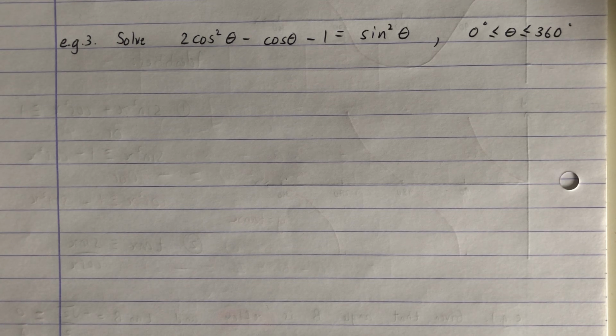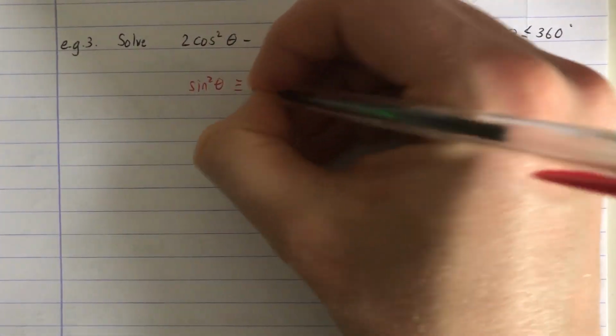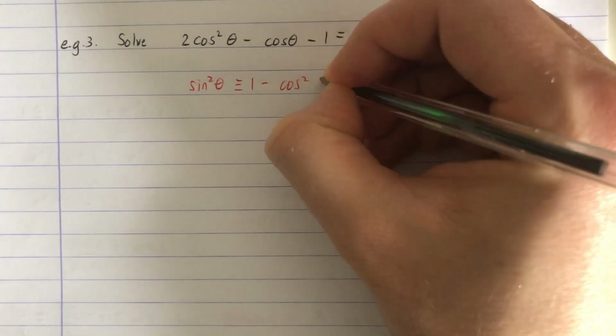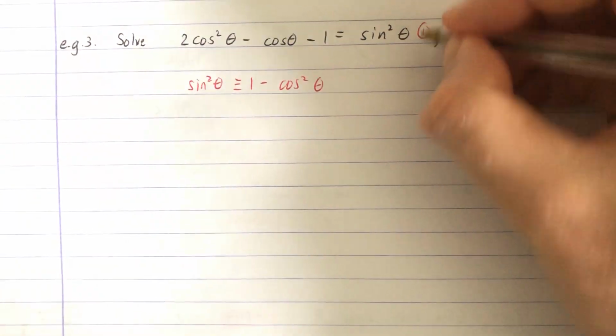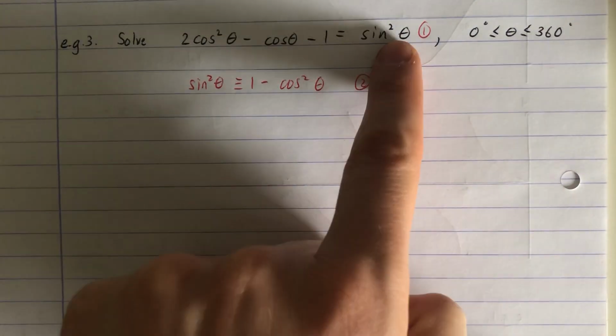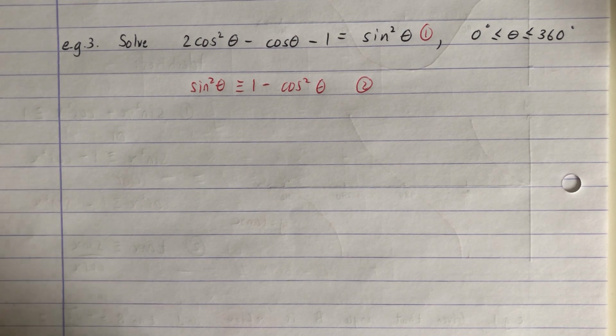But which one do you choose? Remember, you want the same trig ratio, so the sensible choice is getting rid of sine squared. If I replaced sine squared in equation 1 with 1 minus cos squared, I end up with 1 trig ratio.